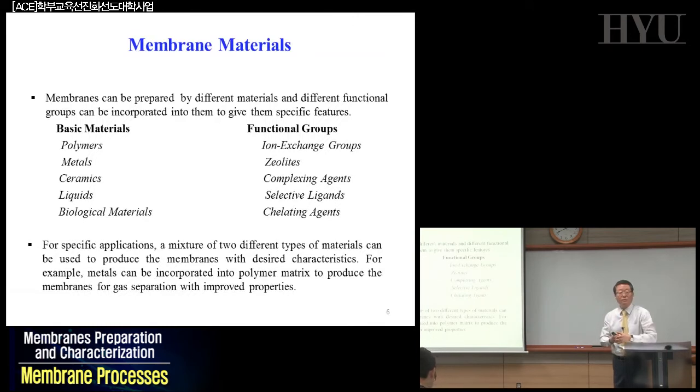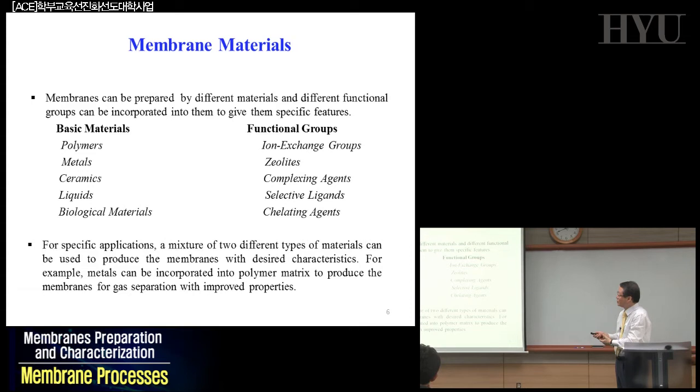Well, in terms of the membrane materials, I told you that in the membrane-based processes, membrane itself is very important. And you have to think about the membrane materials. The basic materials are polymers, metals, ceramics, liquids, and biological materials. And you have to think about the functional groups.